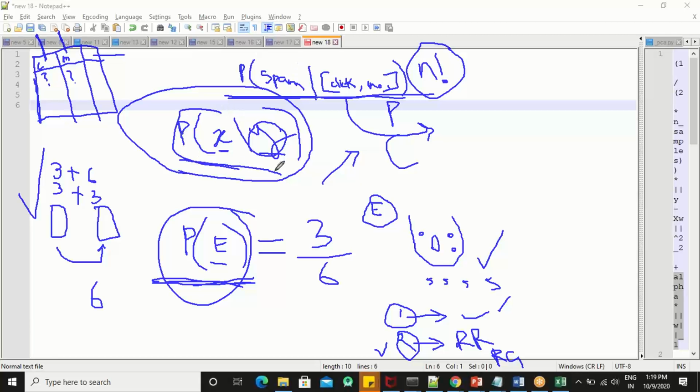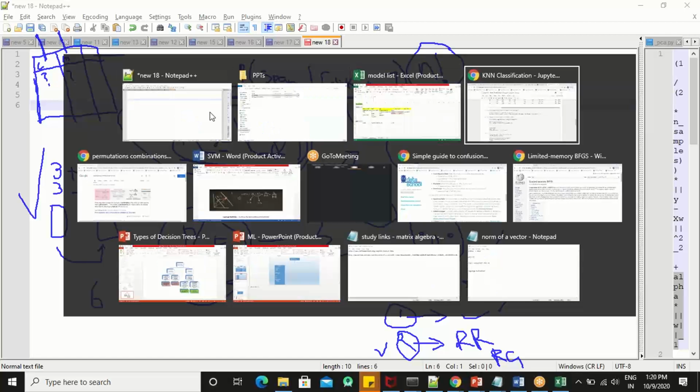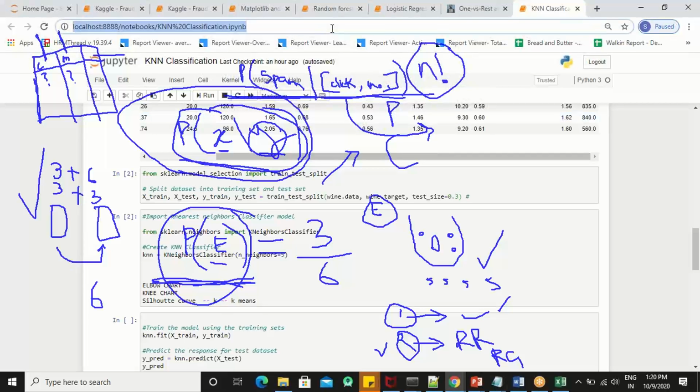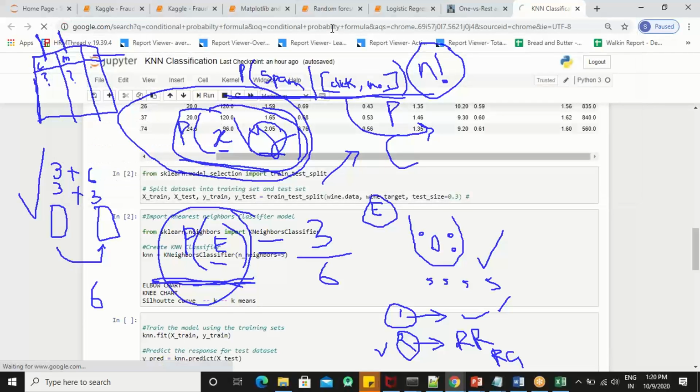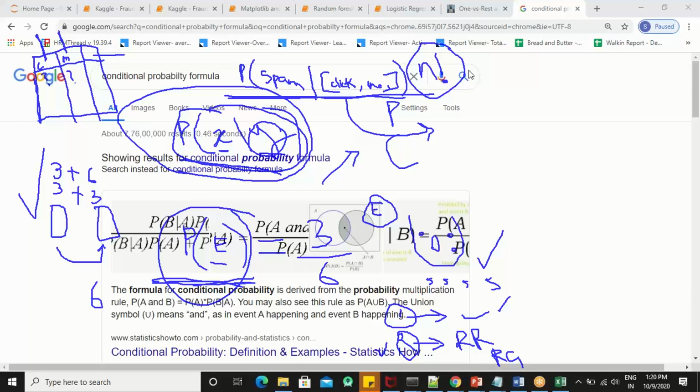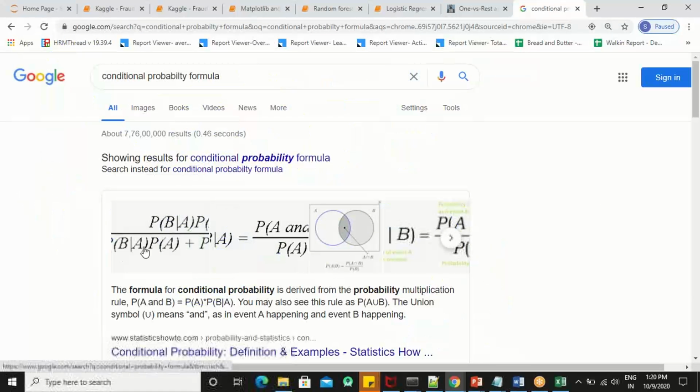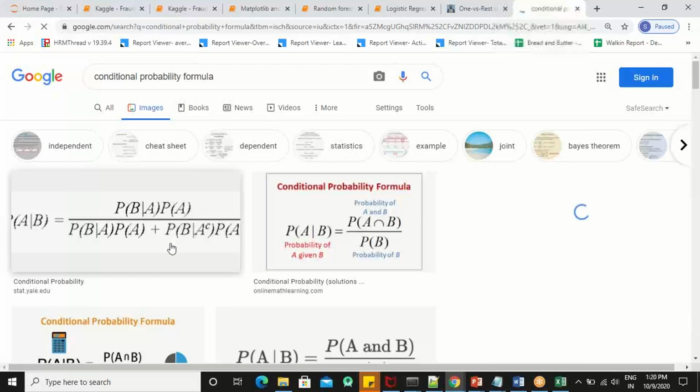So guys, this is the conditional probability representation. Before we end the class, I'll show you one formula for this. We'll talk about this in detail.